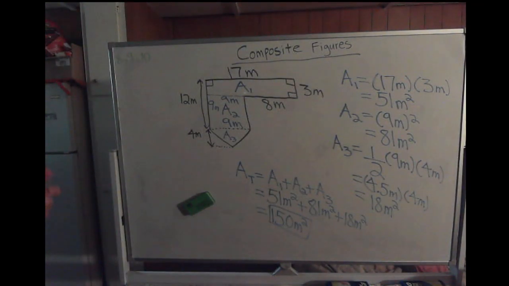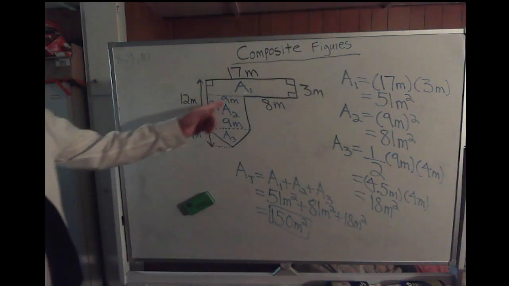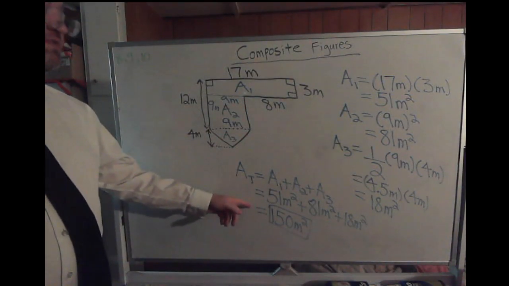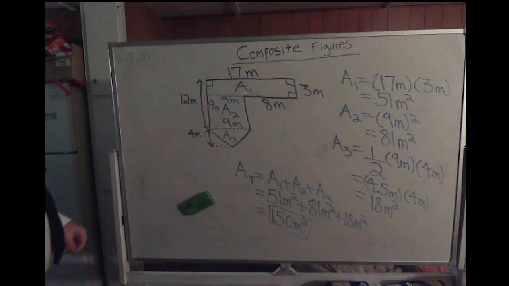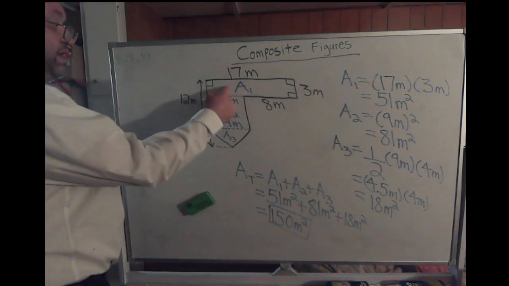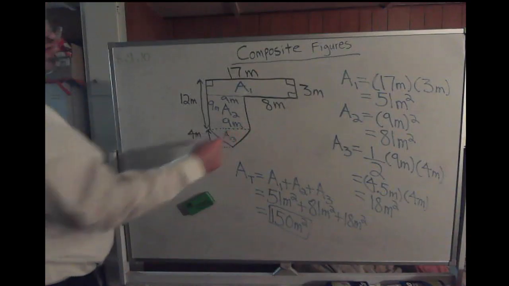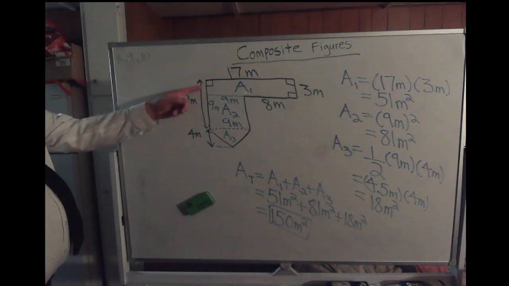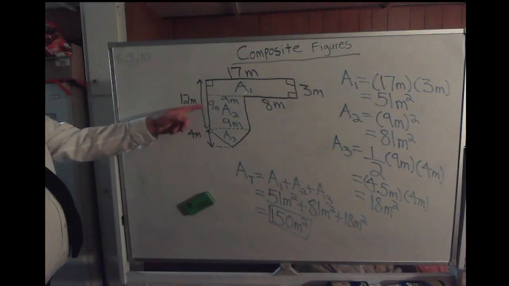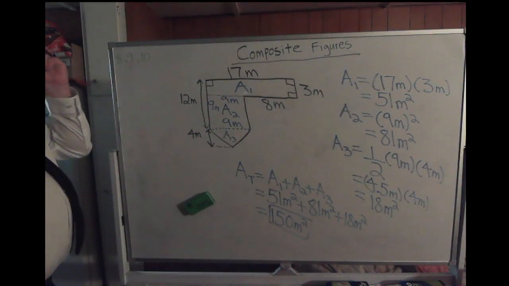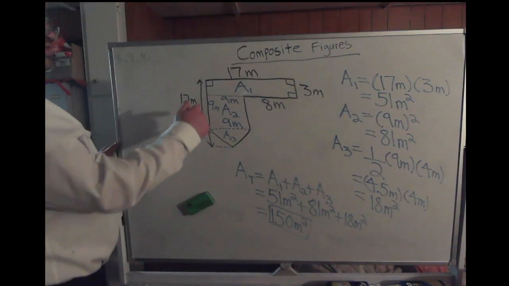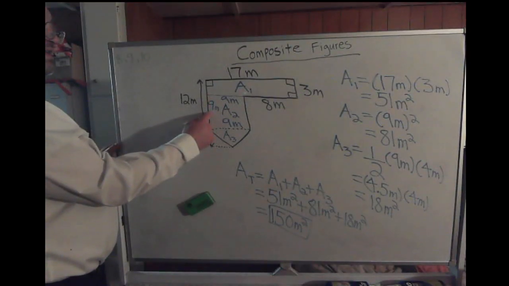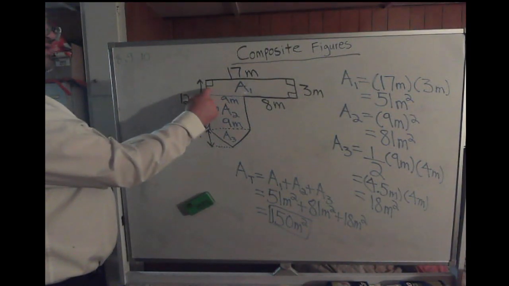Well, so the total area of this composite figure is 150 square meters. So once again, what I did is I separated this into a rectangle, then a square, then a triangle. They gave you the total length of this side until it meets at the triangle being 12 meters. I was able to do 12 minus 3 to get the length of this side of just the square, since we weren't factoring in the whole length.